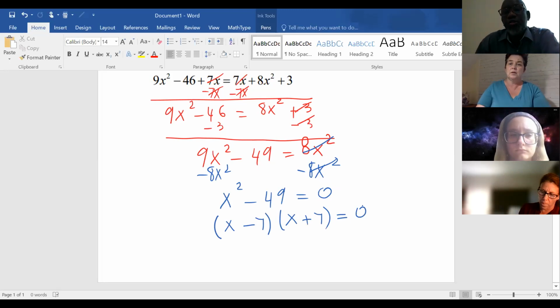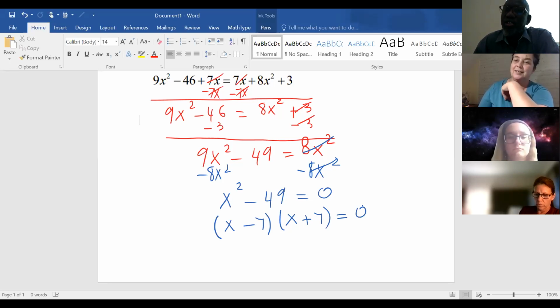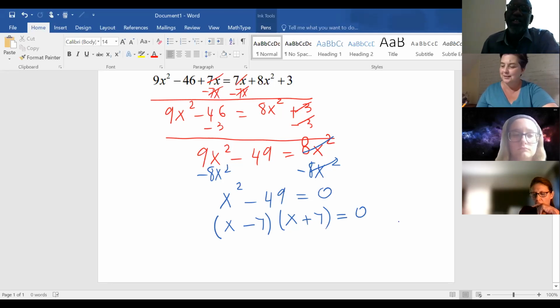Exactly. This is a squared minus b squared. At the beginning we might think this one was harder, but actually it was easier to factor than the other one. Now what are the last steps? x minus 7 equals 0, or x plus 7 equals 0.